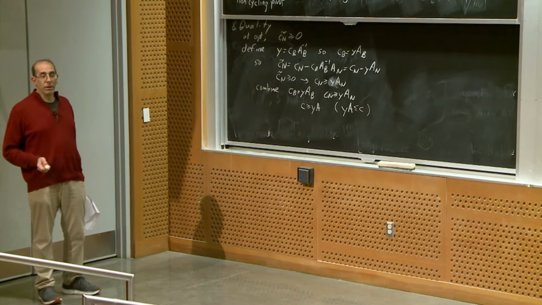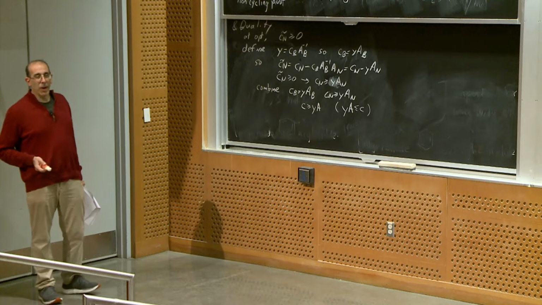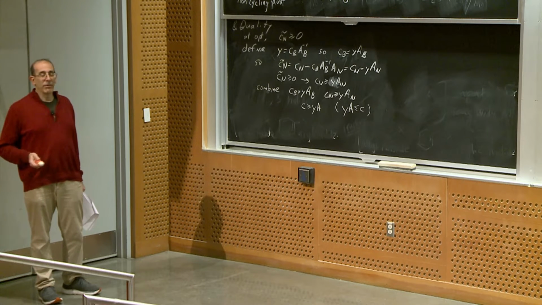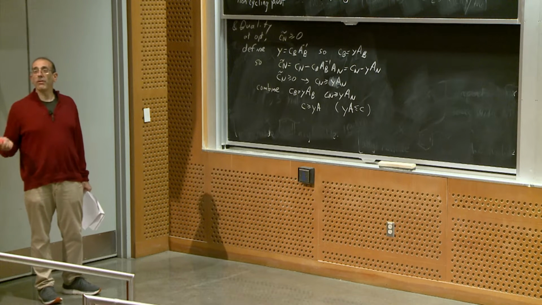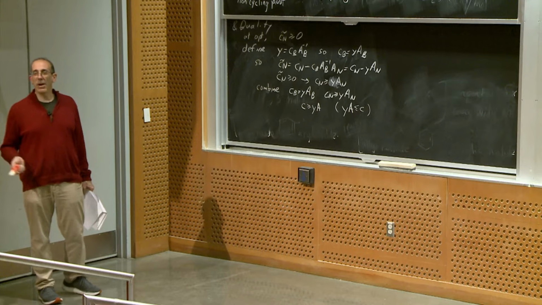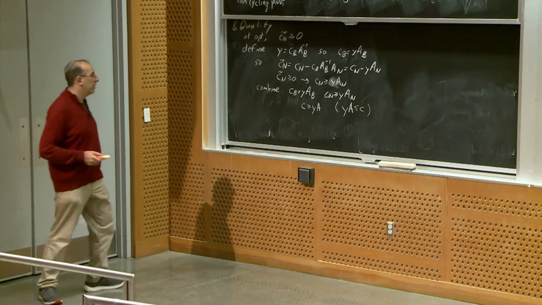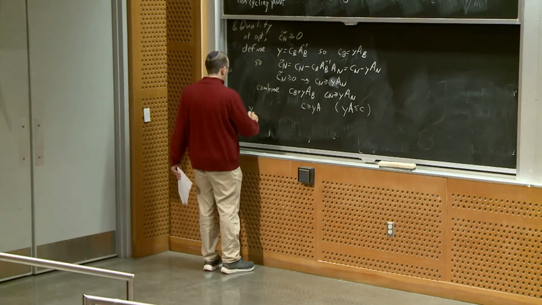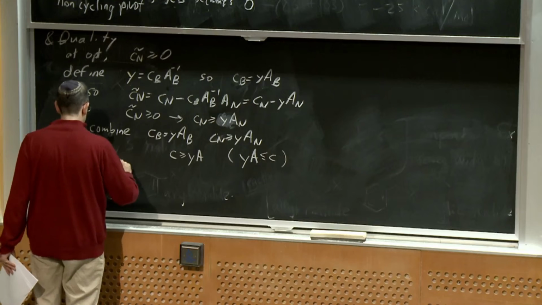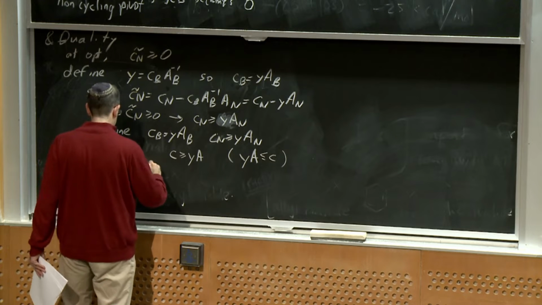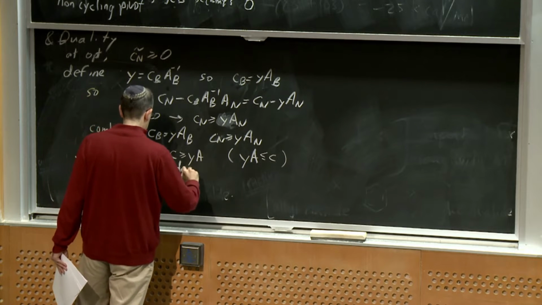Now, what does it mean for yA to be less than or equal to C, given that I've set this up by saying we're talking about duality? Yes? It's feasible for the dual. Right, y is feasible for the dual.